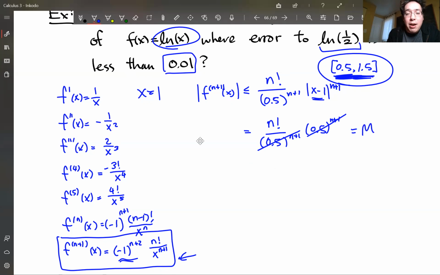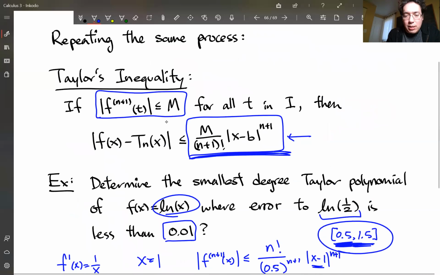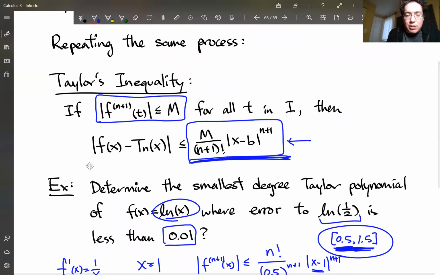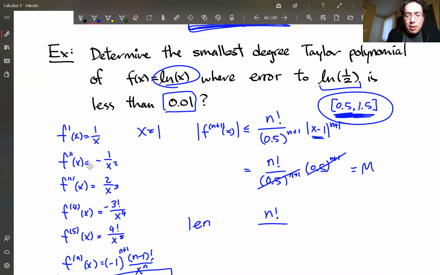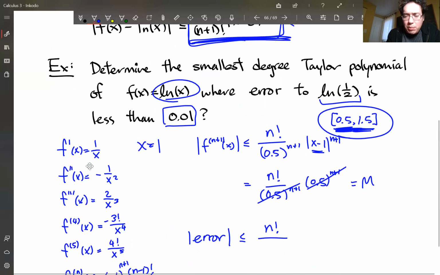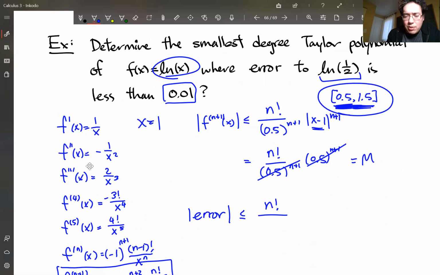Okay, and the error is given by this formula right here. So we have n factorial, which is M, divided by n plus first factorial.